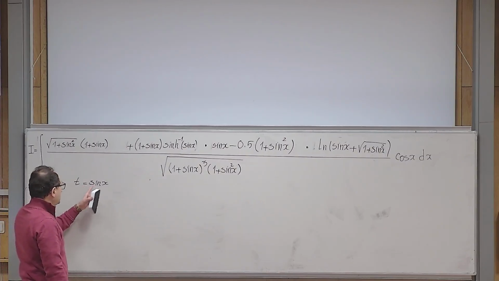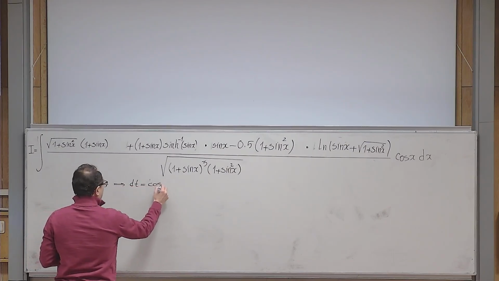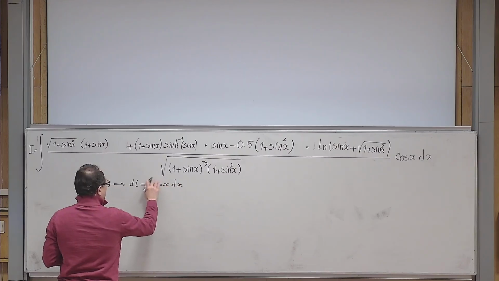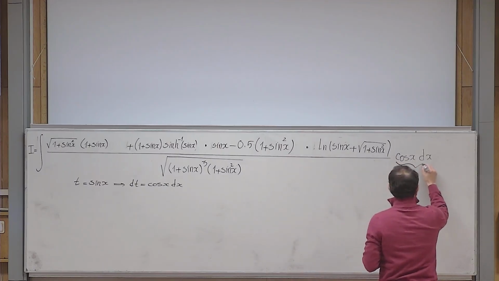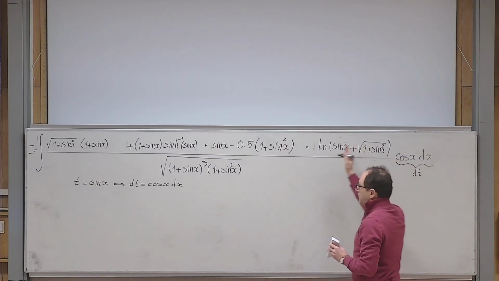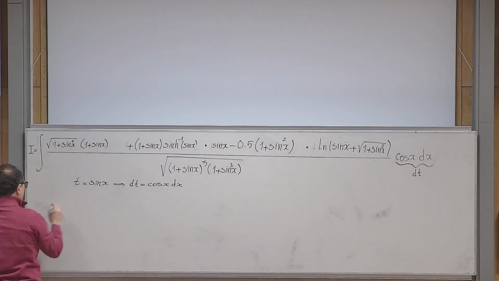Because if I take t equals sine x, then of course dt becomes cosine x dx. This means that this cosine x dx at the very end can be written as dt, and everything else can be written in terms of t, because everything is written in terms of sine.